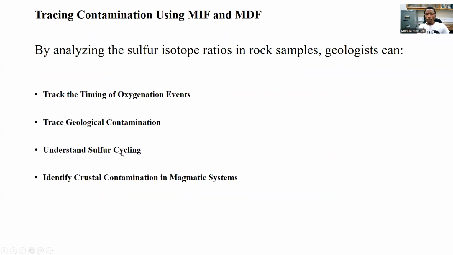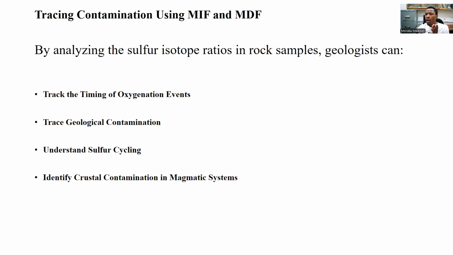Now, by analyzing the isotope ratios in rock samples, geologists can track the timing of oxygenation events, trace geological contamination, understand sulfur cycling, and identify crustal contamination in magmatic systems. Let me give you an example.